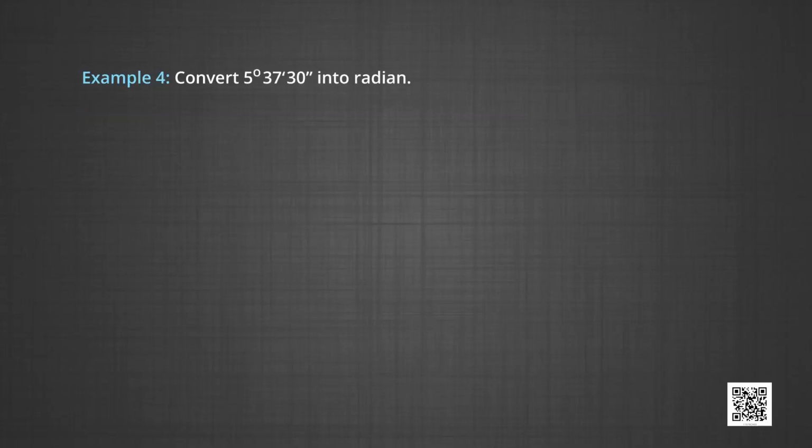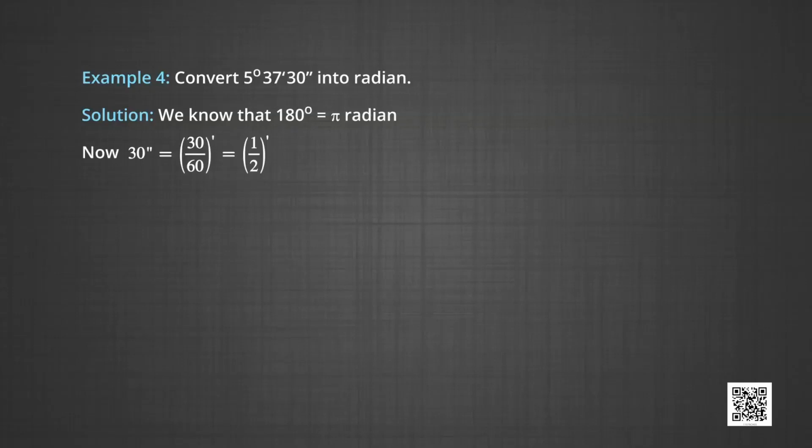In example 4, we will convert 5 degrees 37 minutes 30 seconds into radians. Again we will use the concept that 180 degrees is equal to pi radian. Now 30 seconds is equal to 30 upon 60 minute, which is equal to half a minute, because 1 minute is equal to 60 seconds.